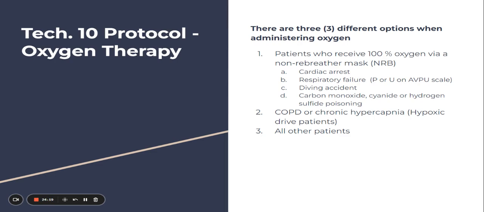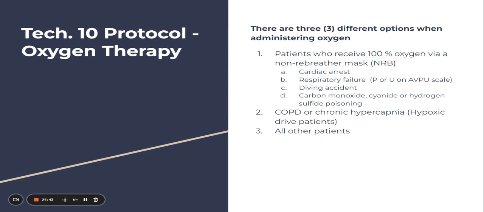Next is carbon monoxide, cyanide, or hydrogen sulfide poisoning. Again, it's going to give us an inaccurate reading, so we can't use the oxygen saturation reading to determine if we're going to give a nasal cannula or a non-rebreather mask. In all these instances, we have an inaccurate reading, so we're just going to give 100% oxygen. Again, we most likely have states of hypoxia.